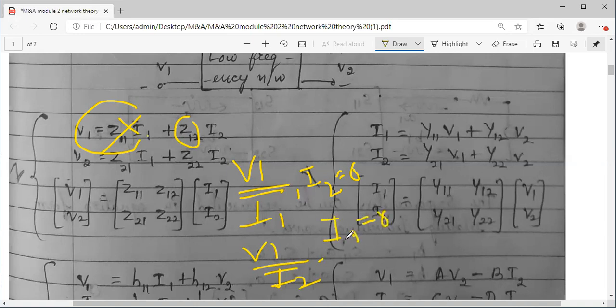So by keeping these terms 0, your parameters, whether Z or Y or H, can be found in open and short circuit conditions. Similarly, the same thing we will apply in your S parameters also.